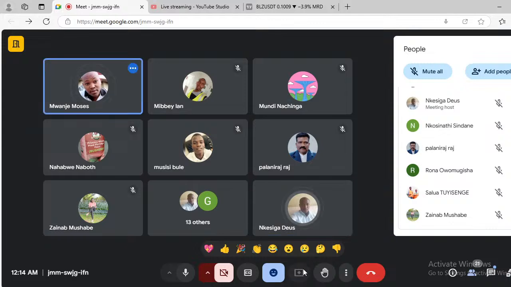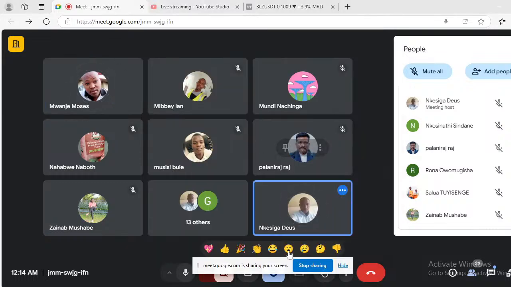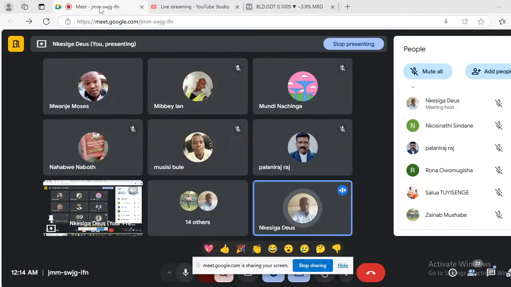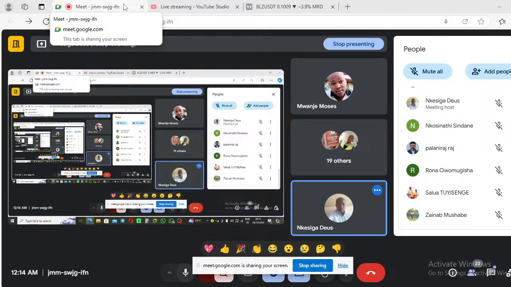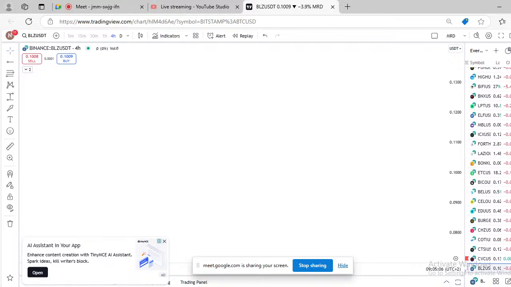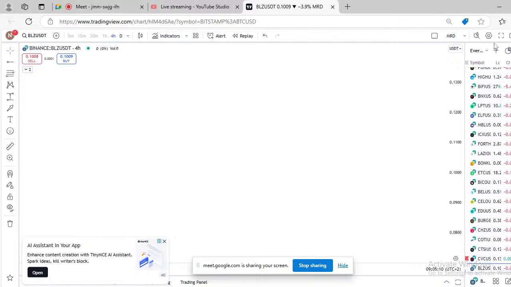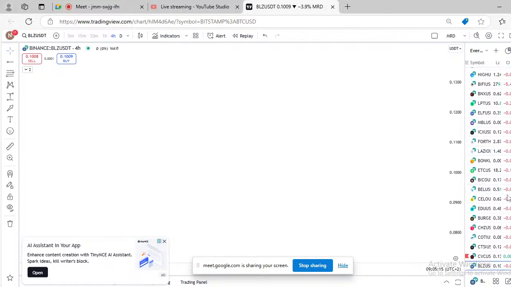Let me get it. Is the screen on? I don't know. Is it sharing? It's not sharing. I'm not seeing on mine. I don't know where others are receiving it. The rest are not seeing it. My screen is off. Oh, it is off.